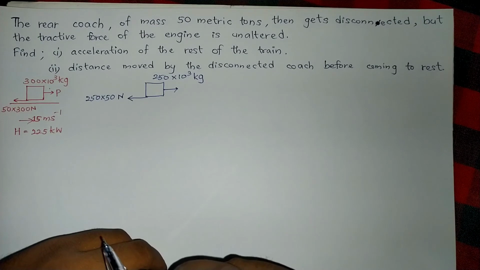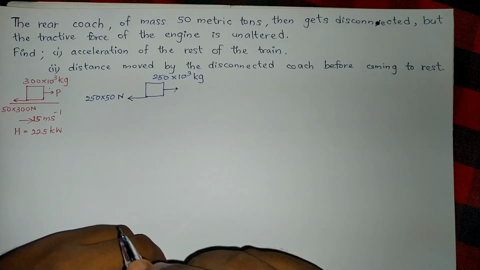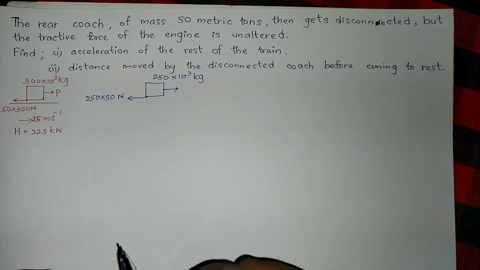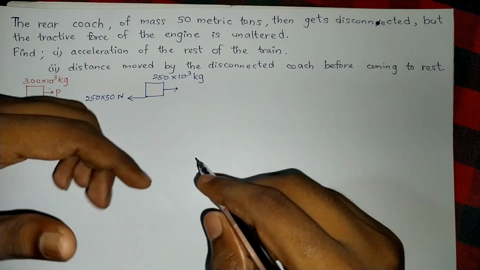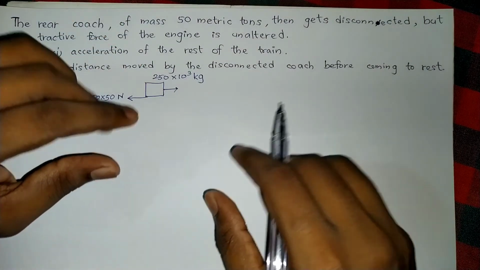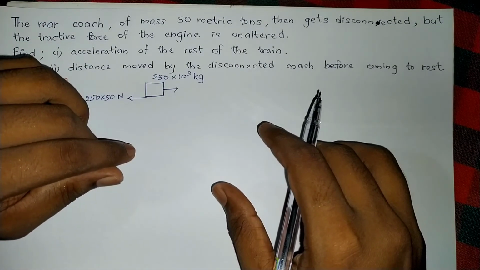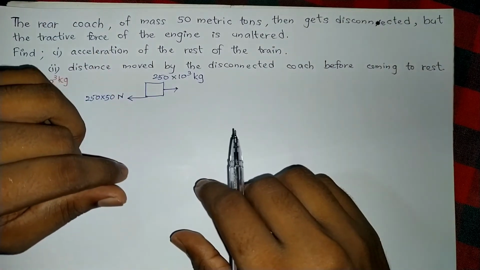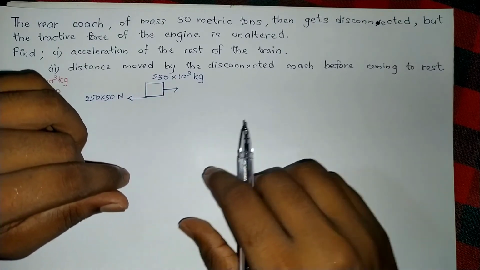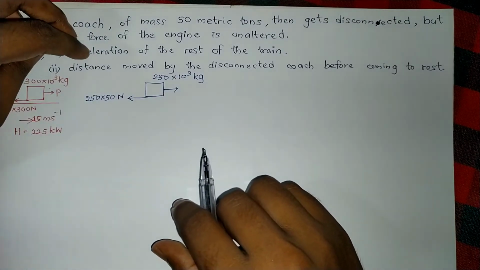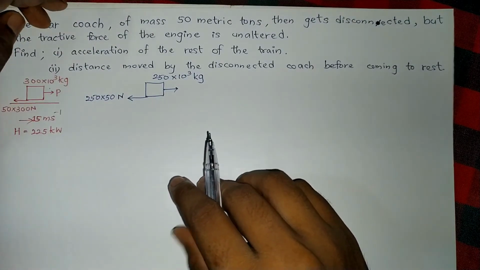Then we have to calculate the acceleration of the train. Since the force applied is not changed, but the mass got changed, the train is not in equilibrium. There is an unbalanced force. Due to that, it will accelerate.